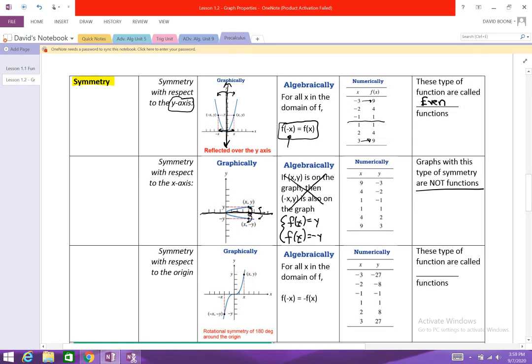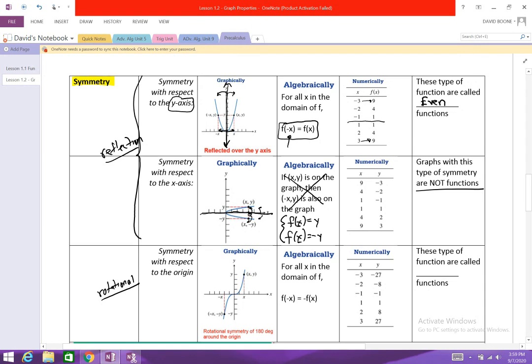Then there's symmetry with respect to the origin. A lot of times these here are just called reflection symmetries. Symmetry with respect to the origin is sometimes called rotational symmetry. So graphically, what does that look like?